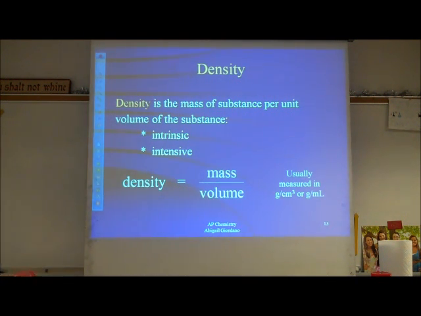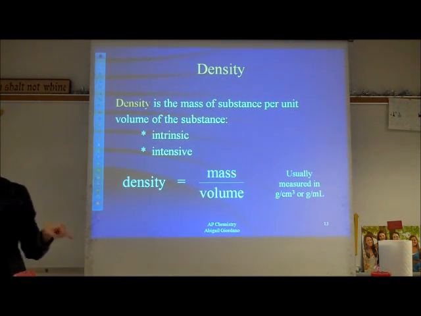Let's take one substance. Let's take ice as an example. If I have an ice cube versus an iceberg, they are made of the same material. Are they the same size? Not even close, okay? But guys, they have the same density. Changing the amount of the material does not change the density.